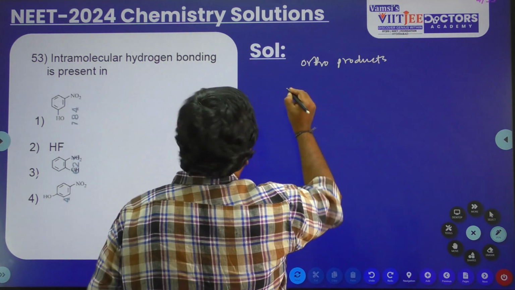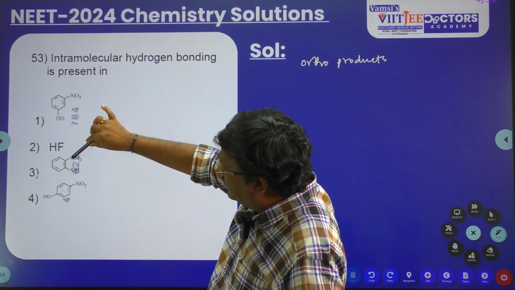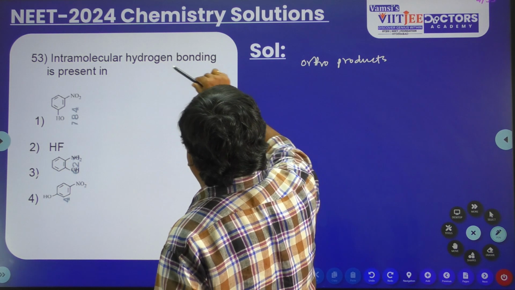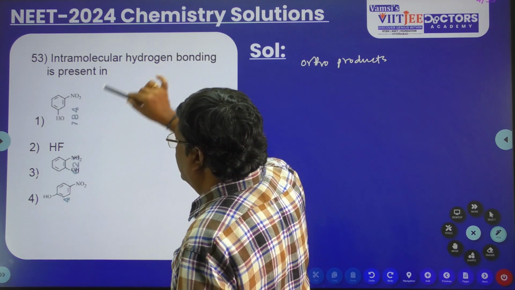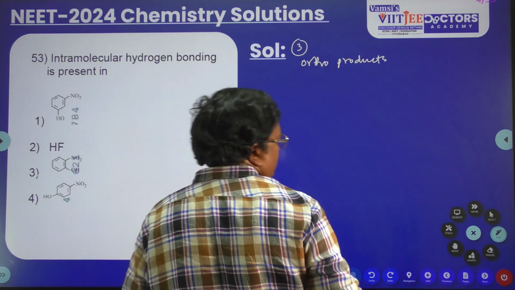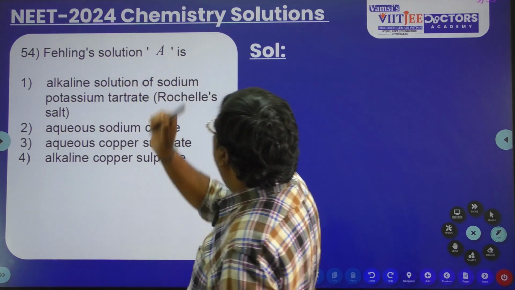Here in this, one is meta, one is simply hydrogen fluoride, one is ortho, one is para. That's why intramolecular hydrogen bonding is present in the ortho product. So the solution is third.